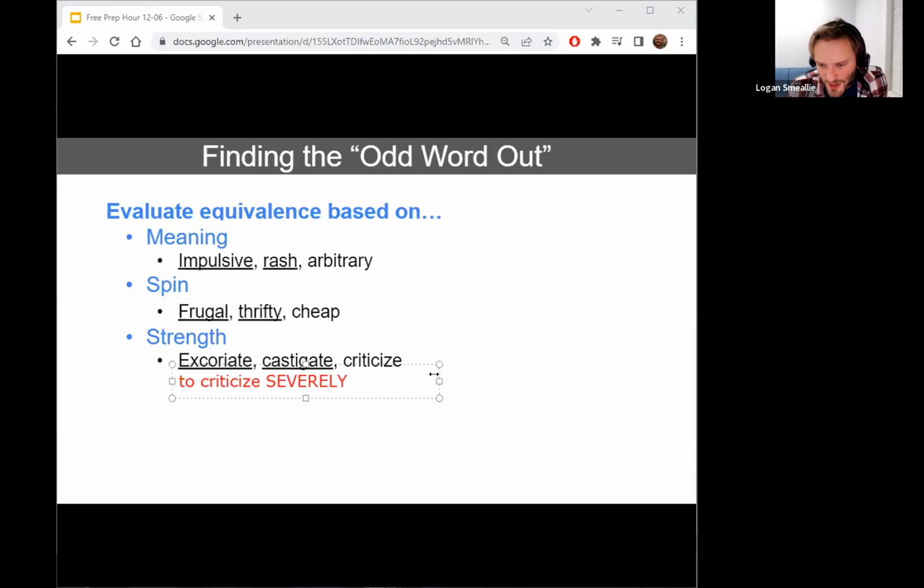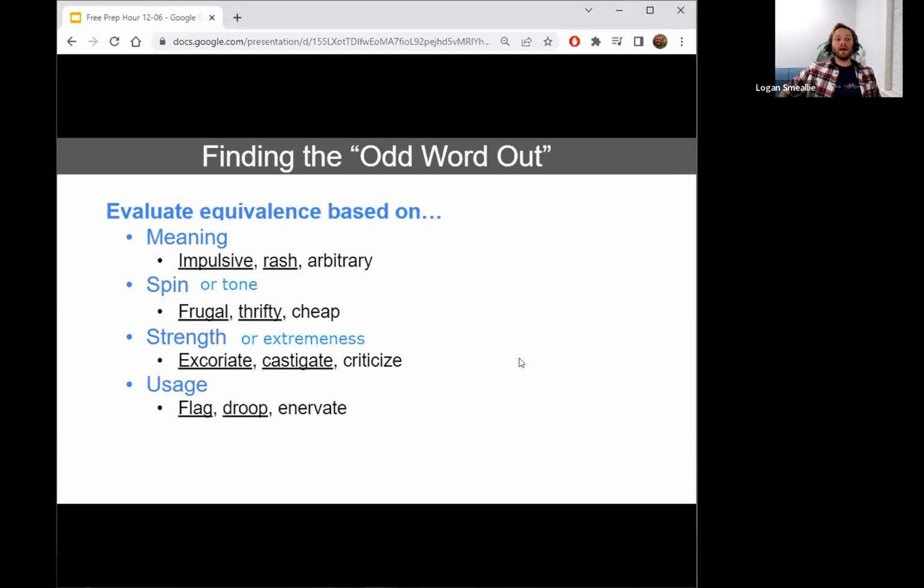So here, all three have a similar meaning in terms of their direction. They all have to do with criticizing folks. But excoriate and castigate just take that direction farther. They have a stronger sort of degree to them. So if you prefer the word tone for spin, you can think of strength as extremeness. How extreme is the word?